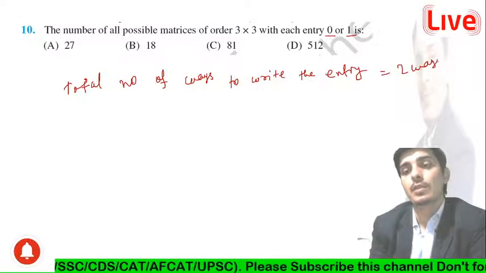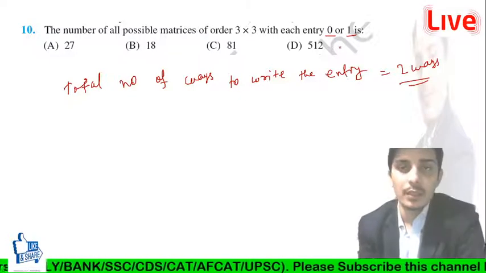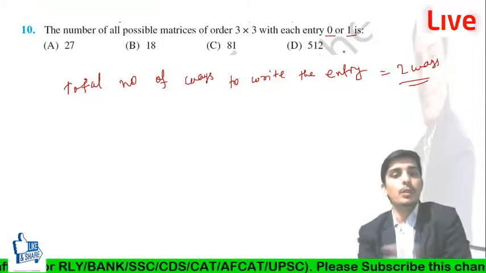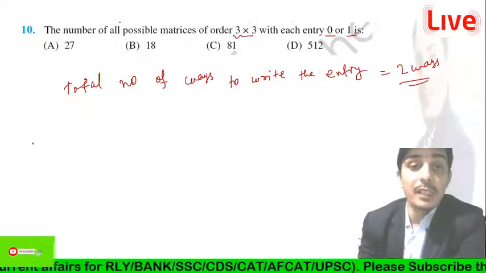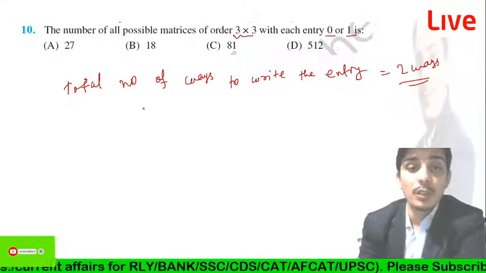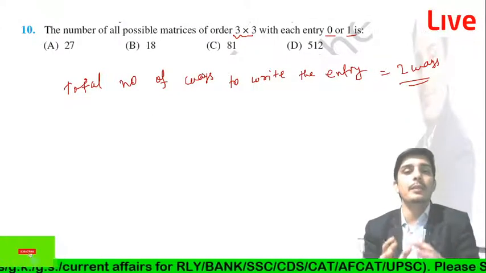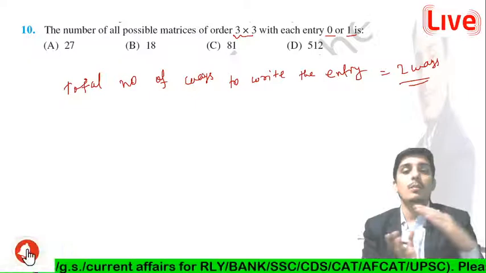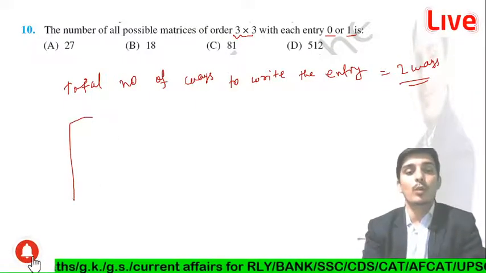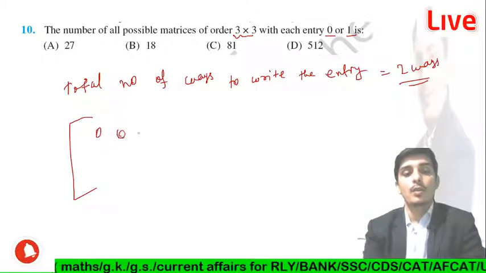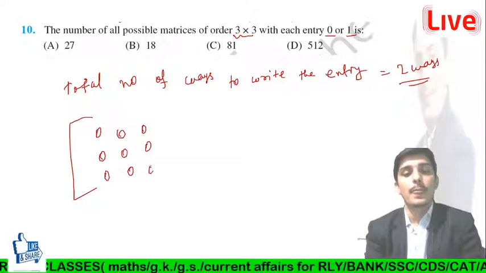what we can write here, guys, how many ways? 2 ways. Why? Because we can write 0 or 1, right. So how many total ways? 2. And how many total places do we have to fill? We have a 3 cross 3 matrix, order 3 cross 3, guys, so all the elements of this matrix can be equal to 0.